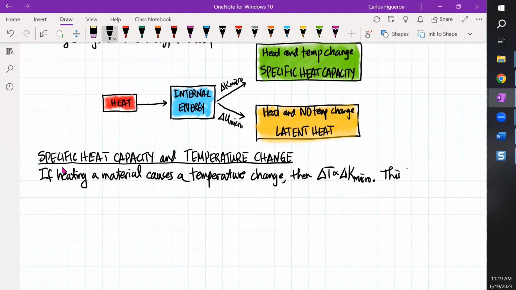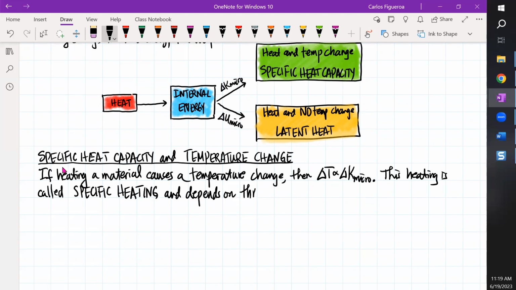This heating is called specific heating. Anytime we've talked about heating up to this point, we were only talking about specific heating when we said heating. And it depends on three parameters.